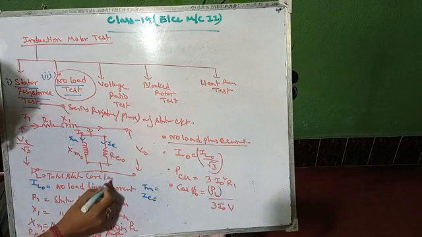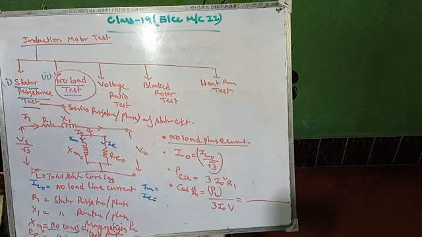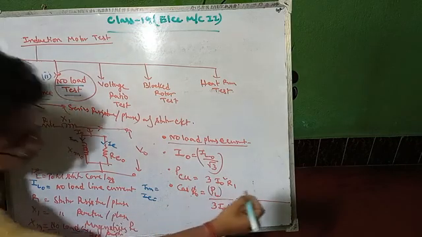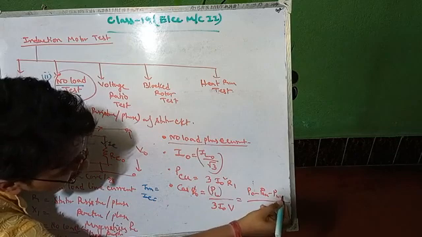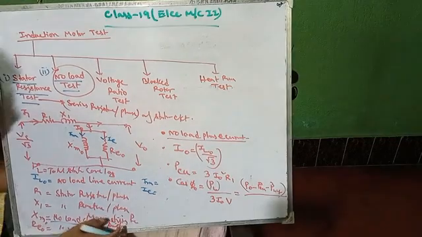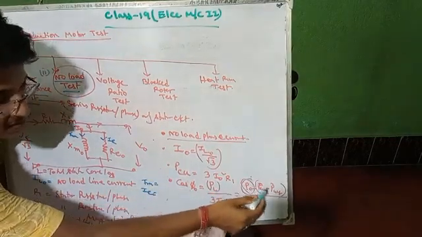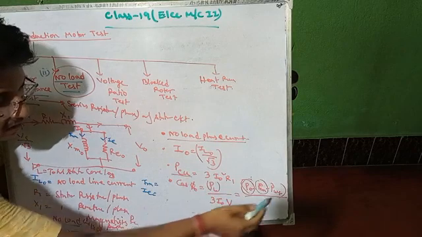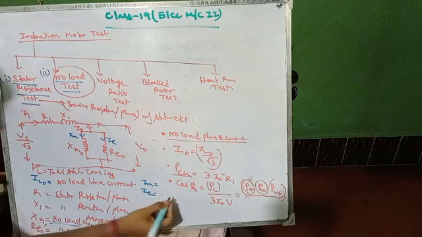This PL can be written as P naught minus PCU minus PWF, that is, P naught minus copper loss minus windage friction loss, which will be given to you. P naught is given, the rated or output power, PCU is the copper loss from this formula, and windage friction loss is also given. So the third formula will be this one.